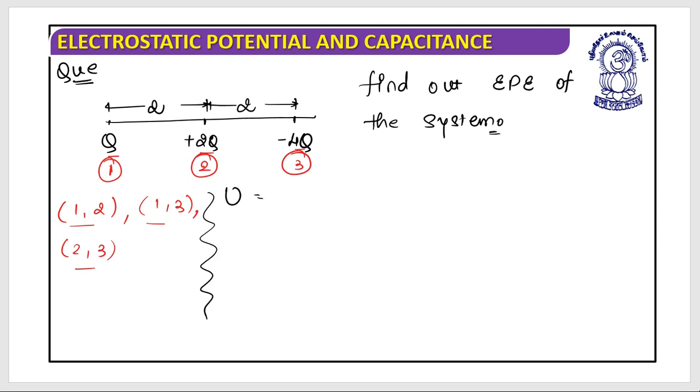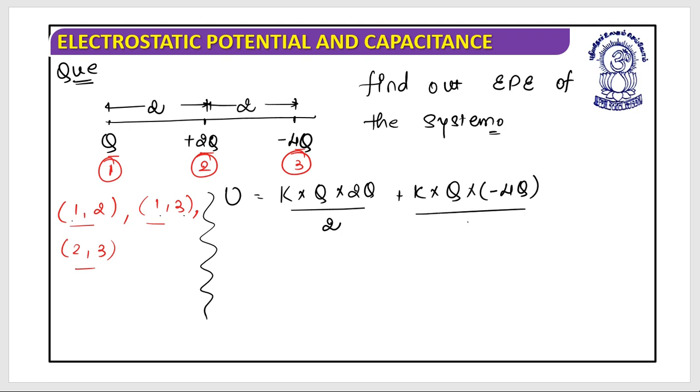So what I can have is U equals to k multiplied by first charge, q, multiplied by second charge, 2q, divided by separation, 2, for 1 comma 2 now, plus k multiplied by q multiplied by minus 4q, divided by separation, 4 meter, for 1 comma 3, plus 2 comma 3, k multiplied by 2q multiplied by minus 4q divided by 2.